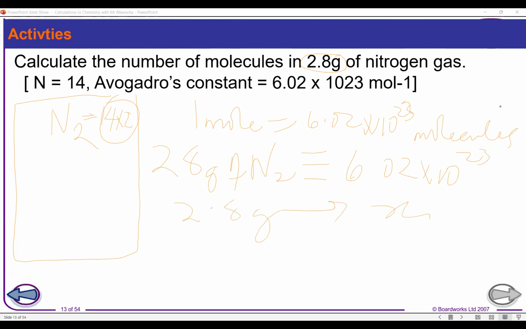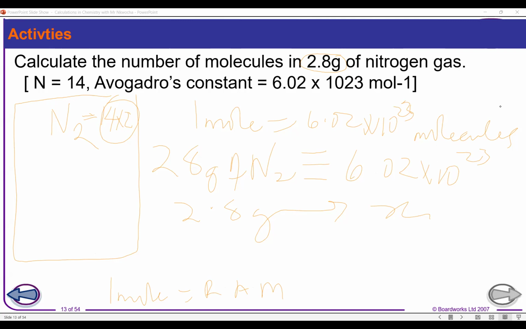That's very simple. Do you know why I use 28 grams? Of course, because I told you 1 mole is equal to relative molecular mass, and the relative molecular mass of nitrogen gas is 28. And remember, I also told you that you can compare two of the equations, the mass-mole relationship and the mole-particle relationship.